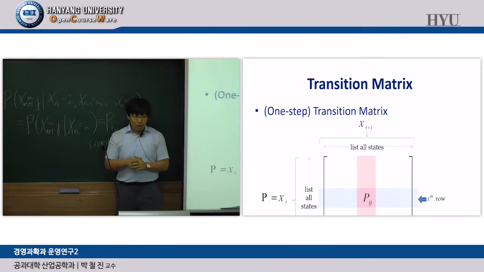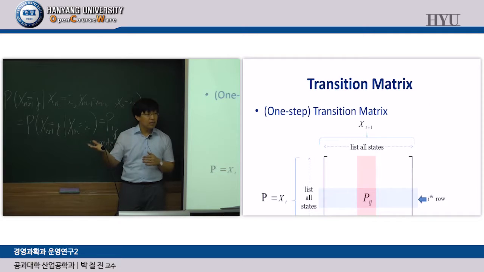Actually, the power of the discrete time Markov chain is that we can use matrix form to calculate transition probabilities. Later, we are going to talk about the transition probability from now to 10 time units after, or 100 time units after.